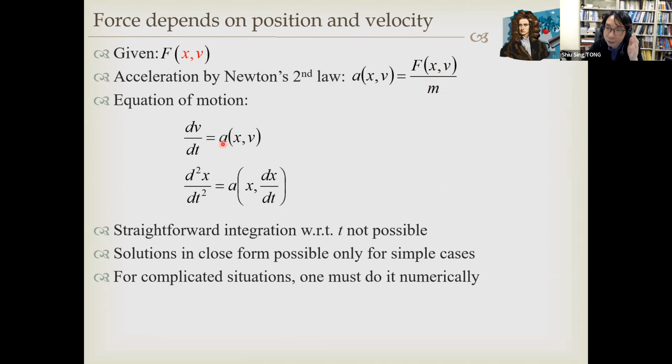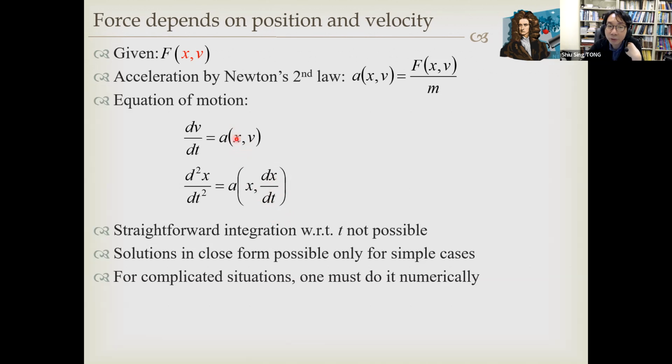Now note the difference. I know how a depends on x and v. What I don't know is how x and v depend on t. So although I know the functional form of a, I don't know the dependence of x and v on t. That makes the problem difficult.